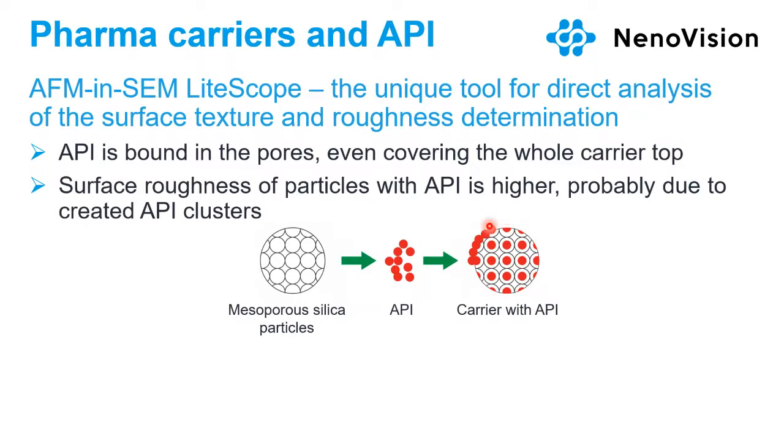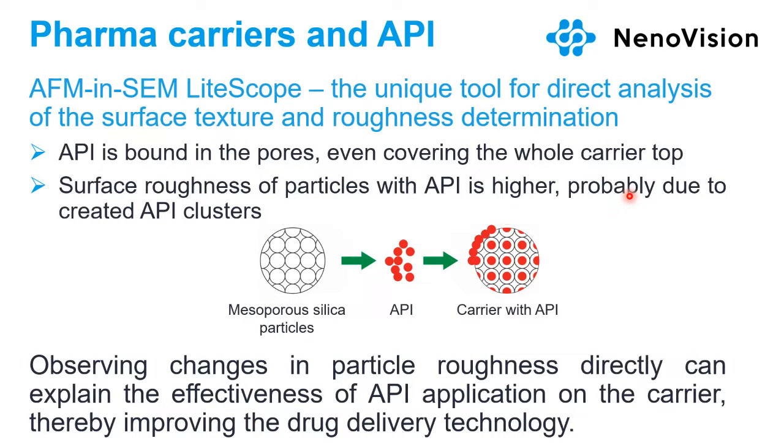And we found out that the surface roughness of particles with active ingredient is higher, also probably because of created clusters of API. First of all, we thought that the roughness would be smaller as the pores would be filled and it would be smoother, but it's not completely true, or at least not in these samples.